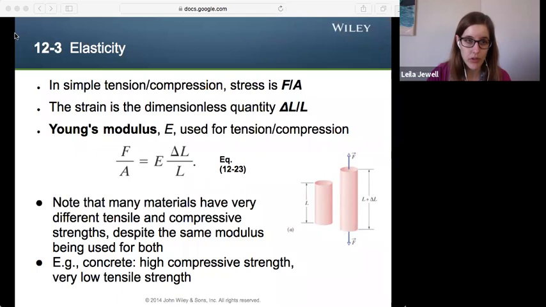And then what we use for the tension and compression modulus is known as Young's modulus, and the symbol in our book is a capital E, so that's fine, that works. And something to note is that many materials have very different tensile and compressive strengths despite the same modulus being used for both. So concrete, for example, has a really high compressive strength but a low tensile strength.